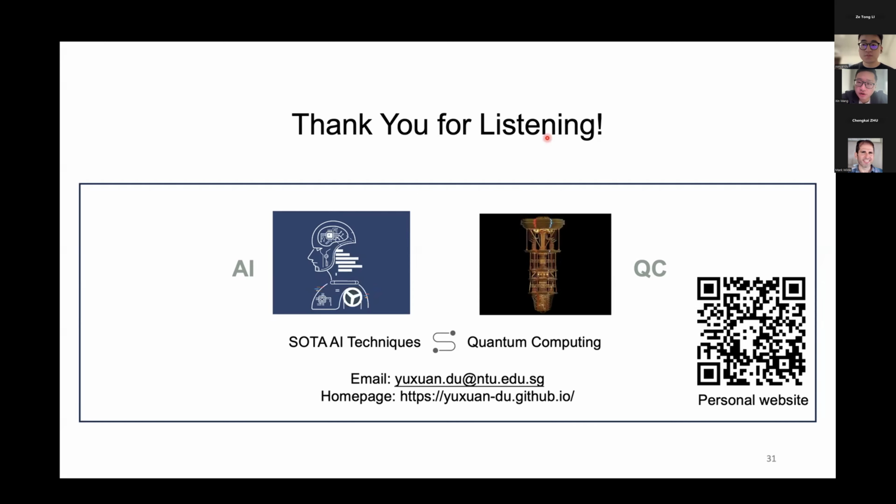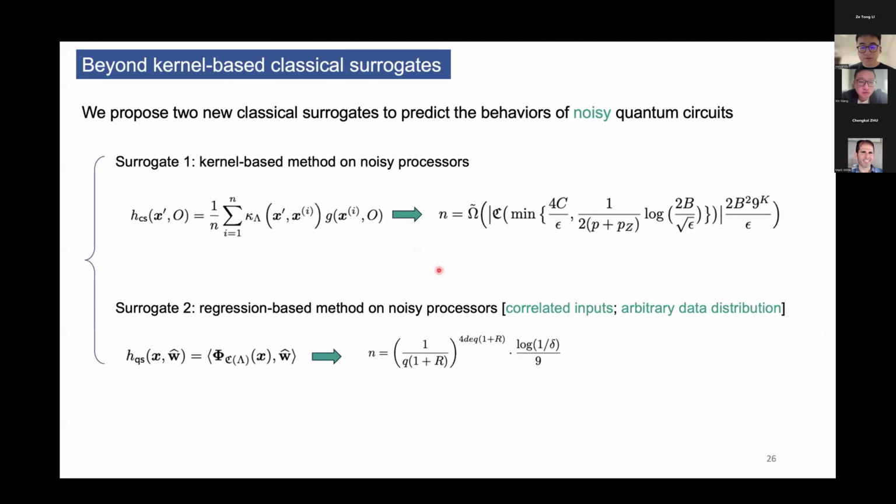And the second question: for the predicted objects, there can be lots of things, like the observable, the trace, and also the state property like the entropy, or even the locality of the Hamiltonian. Is there any difference in what kind of objective is more suitable for this setting, or easier to predict? Yes, this is a very good question. If you want to explore nonlinear properties like the trace of the k-th power of a state, you can always build a quantum circuit to measure it in a linear manner.